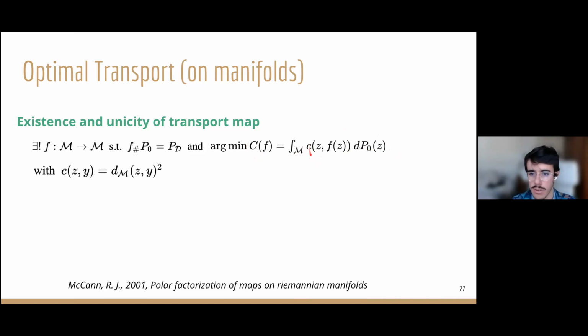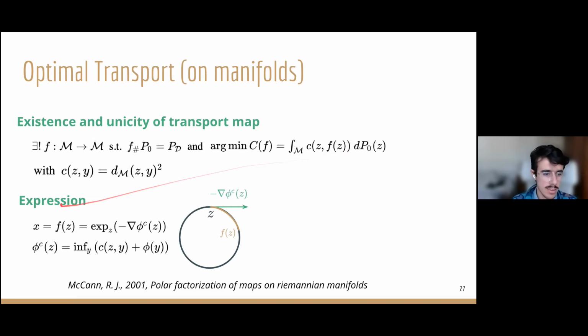And so here the cost is half of the geodesic distance squared. I guess the half doesn't really matter here, but it will later. That means that not only is this map targeting the right probability distribution, but also it is optimal in this transport cost sense.